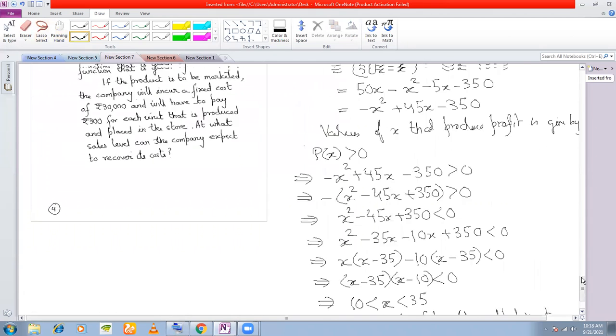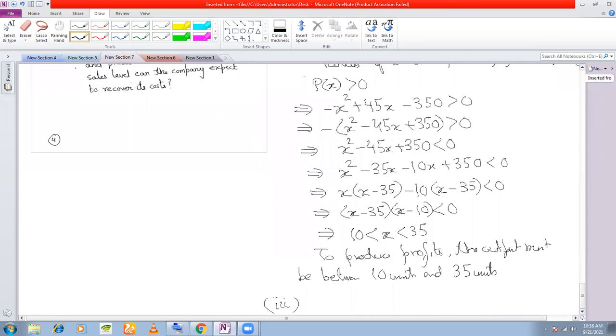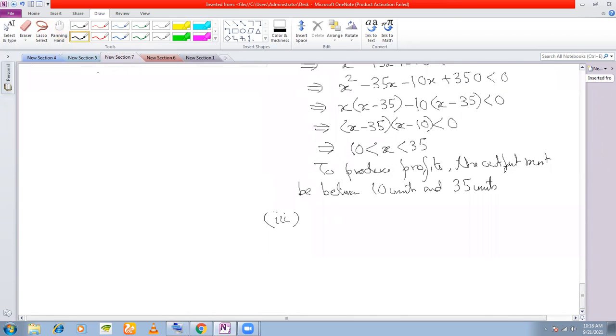For third part, here are the values of x that result in a loss. So for the values of x that result in a loss, profit function must be less than 0, right?